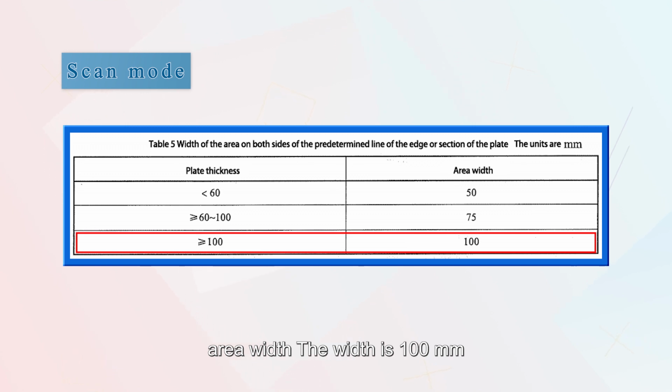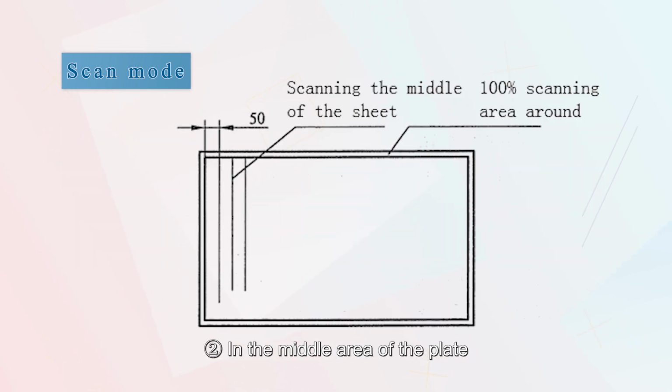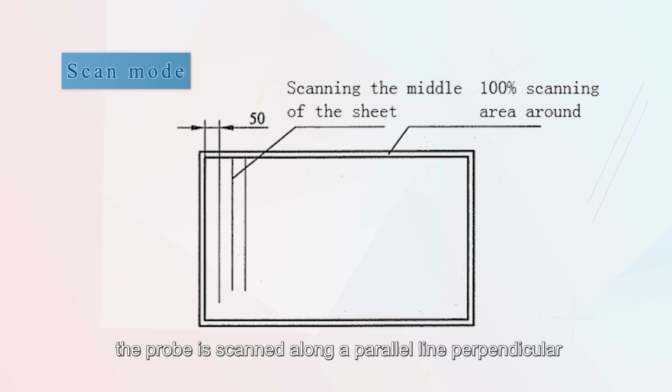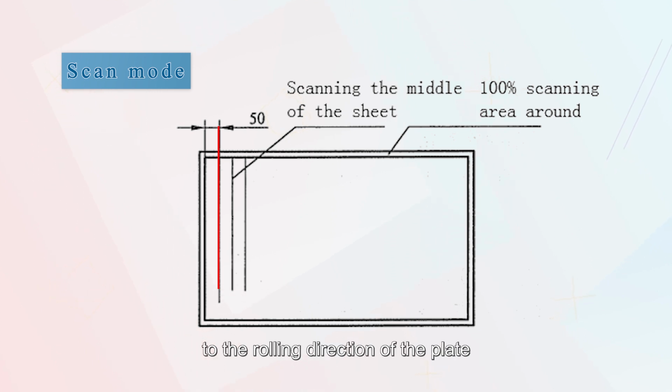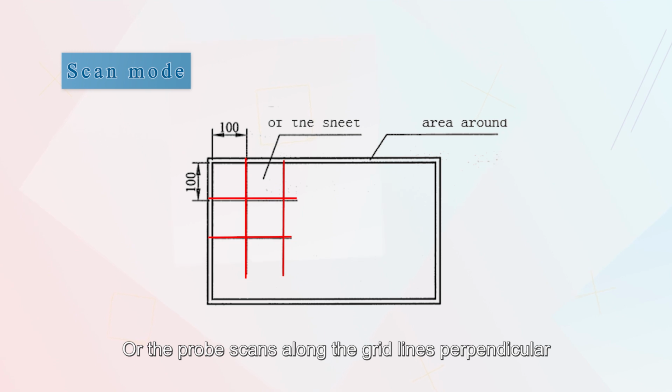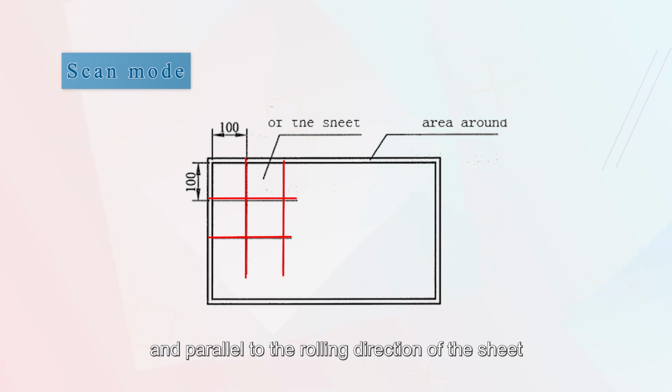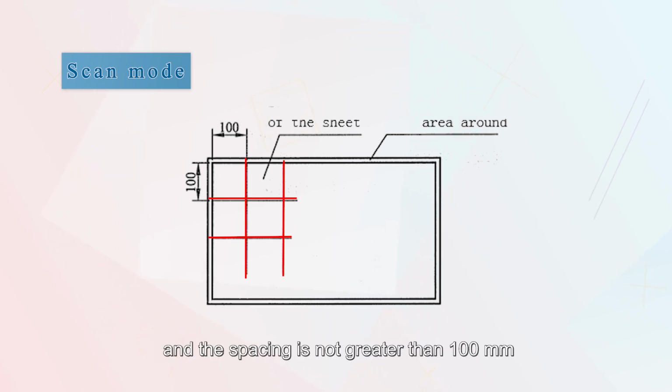is 100 mm. 2. In the middle area of the plate, the probe is scanned along the parallel line perpendicular to the rolling direction of the plate with a spacing of no more than 50 mm. Or the probe scans along the grid lines perpendicular and parallel to the rolling direction of the sheet, and the spacing is not greater than 100 mm. 3.